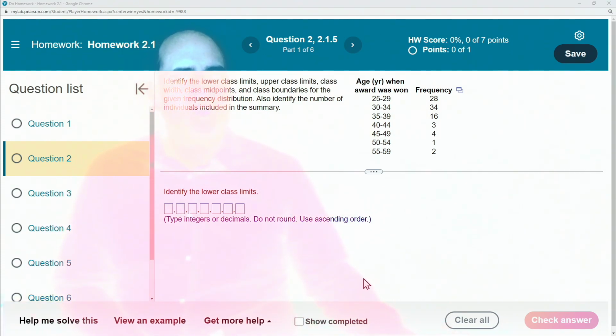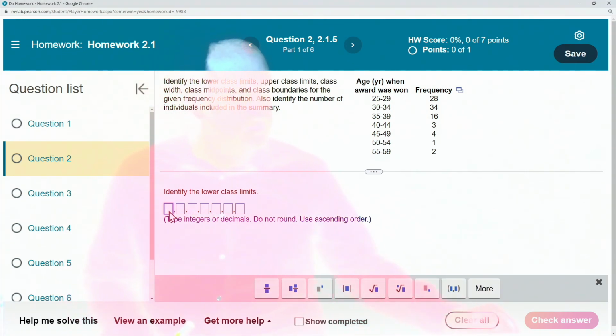Okay, so our lower class limits are going to be 25, 30, 35, 40, 45, 50, and 55. So we're just literally going to type those in here.